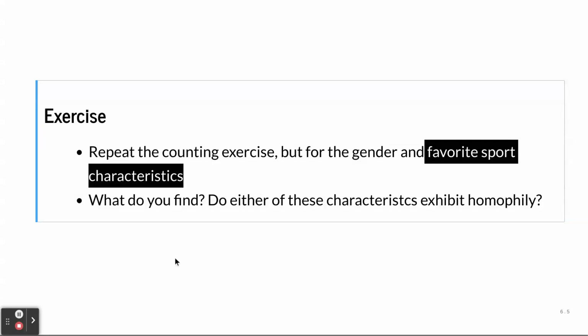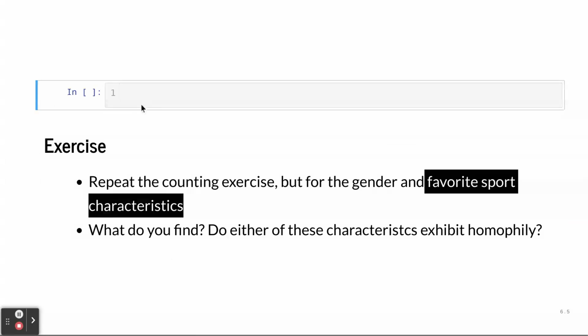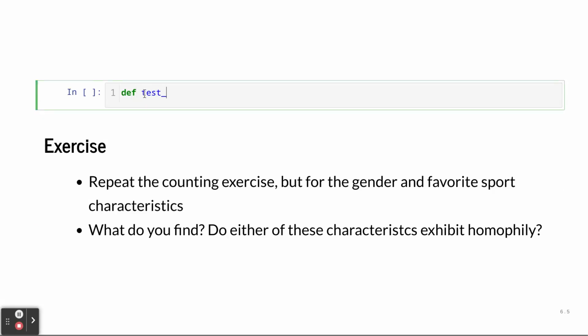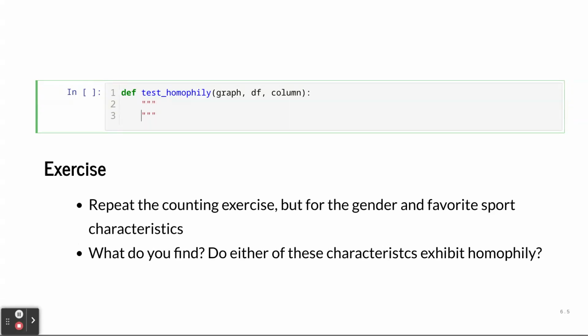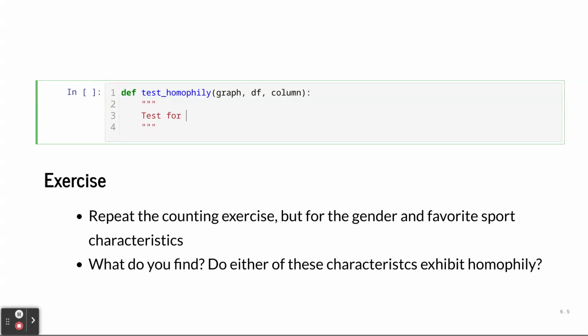In particular, what we would be asking for is a function like this, test homophily, where we could have a graph, data frame, and a column. What this would do is test for homophily in the graph based on the df column.